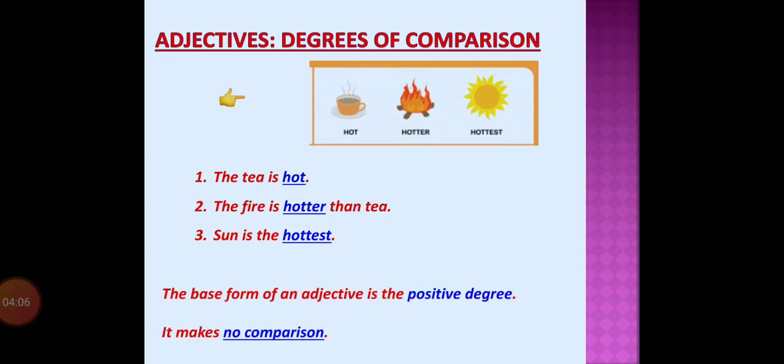So the very first thing is that the basic adjectives, whatever we have learned till date, are considered as positive degree, where we don't have any type of comparison. When there is no comparison, that adjective is positive degree.